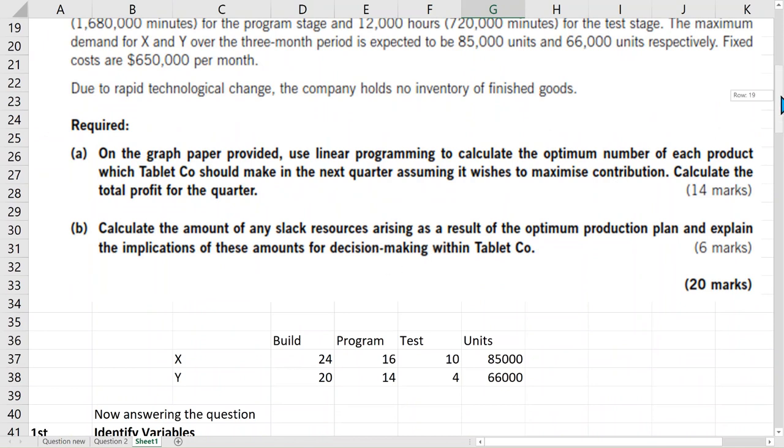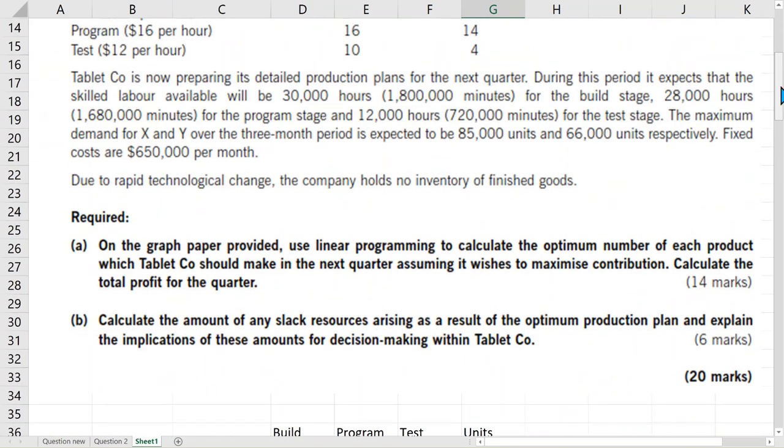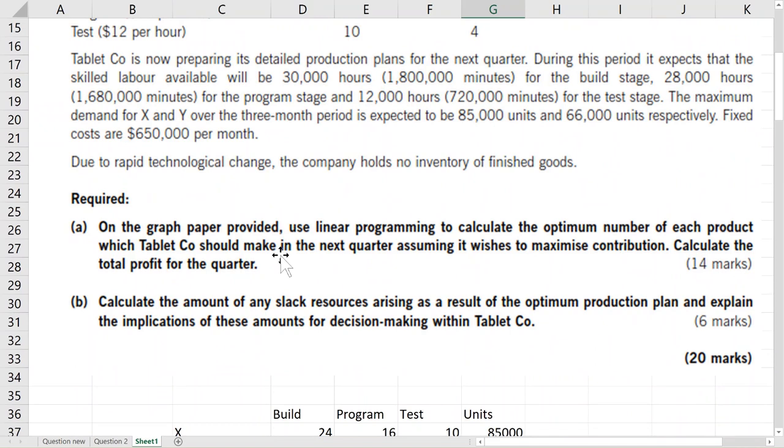Okay, so this is a question from past paper. Let's look at the requirement on graph paper provided. It is taken from the past paper. When exams were paper-based exams, you were provided a graph paper on which you had to prepare the graphs. Now that the exams have become computer-based exams, that graph paper or preparing graphs is not relevant. You only need to understand graphs.